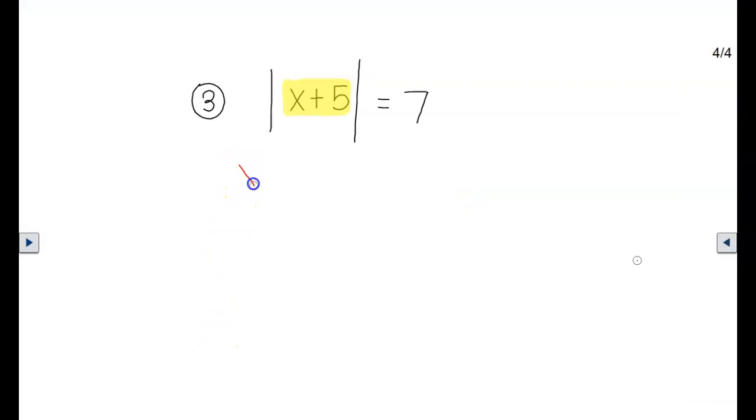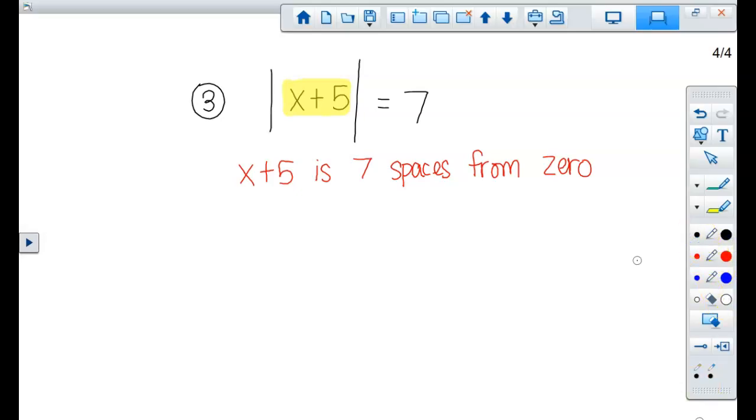So what this equation is saying to me is that whatever that x plus 5 is, that x plus 5 is 7 spaces from 0. So if the absolute value of x plus 5 is 7, then x plus 5 is 7 spaces from 0. So think about what x plus 5 could be.